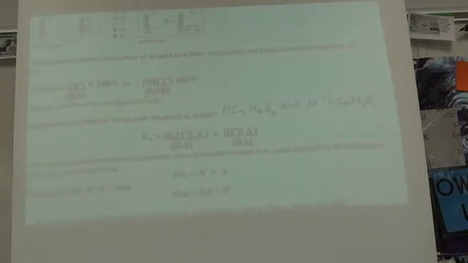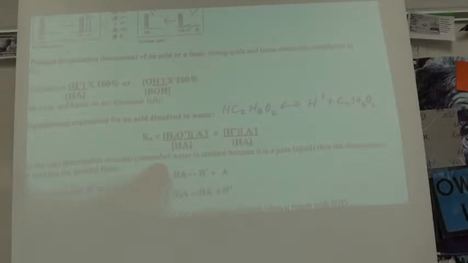I've left the water out of it because water isn't a player in the equilibrium expression. So the equilibrium expression here is Ka would be equal to the hydrogen ion concentration times, in this case, the acetate ion concentration over the concentration of the acetic acid. You can write a Ka value for all weak acids.